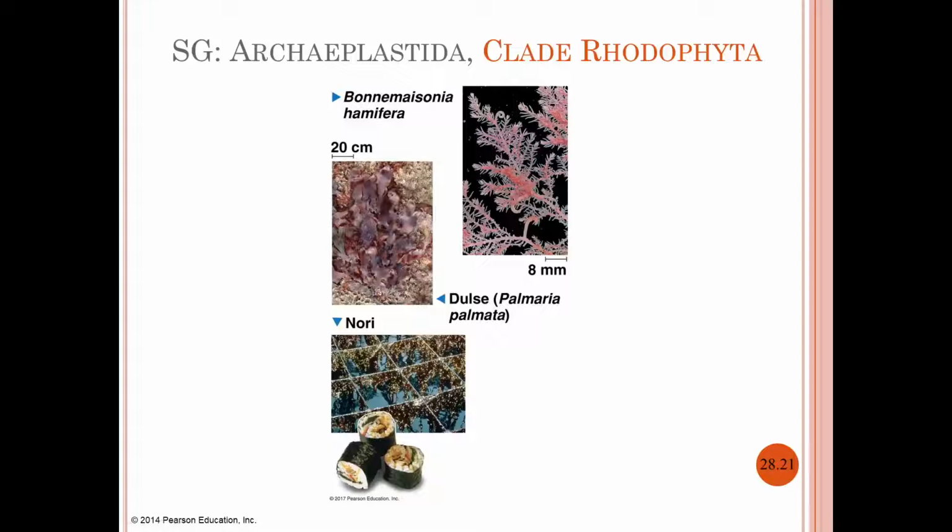You might be really familiar with it and maybe not even know it if you are a sushi eater, right? If you're a fan of sushi, that really dark, almost black wrapping that we have going around these rolls here is made up of a specific type of red algae called nori. And that's the paper-like material right there.